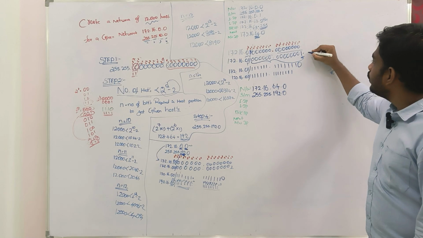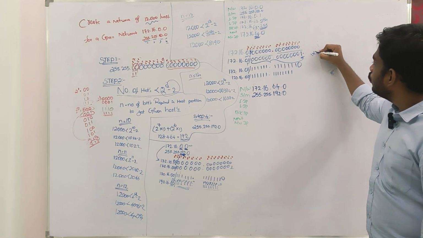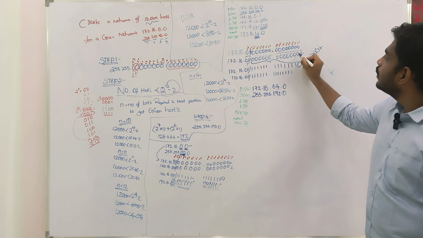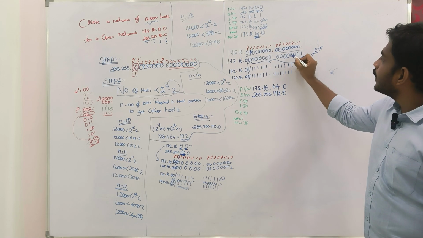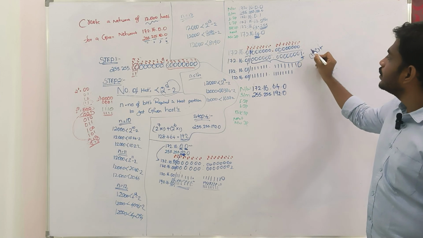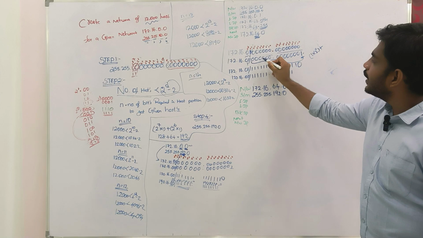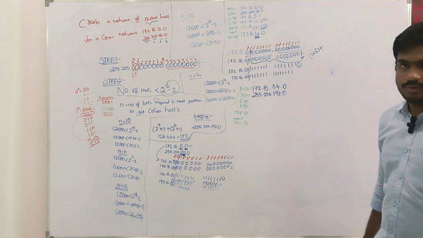So you take this 1 into 2 power 0. Then you look for any 1 up to here in the fourth octet, no ones. Then you go again here. Do we find any in the fourth octet? Yes.